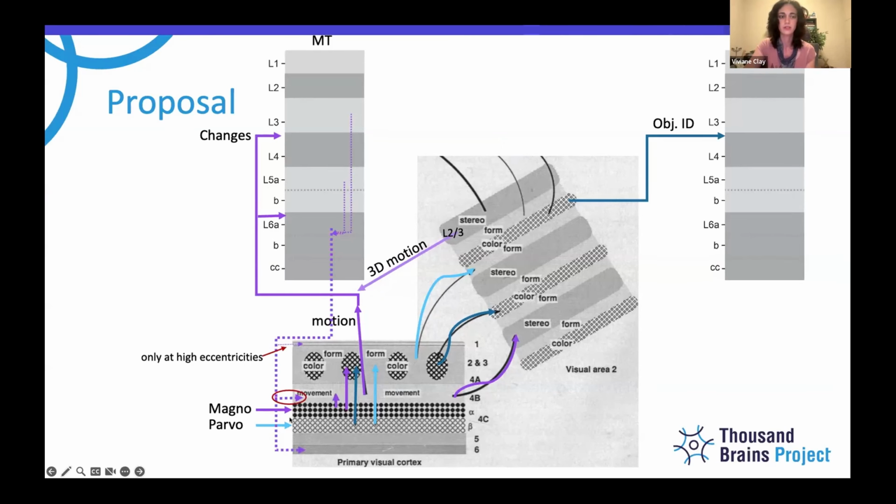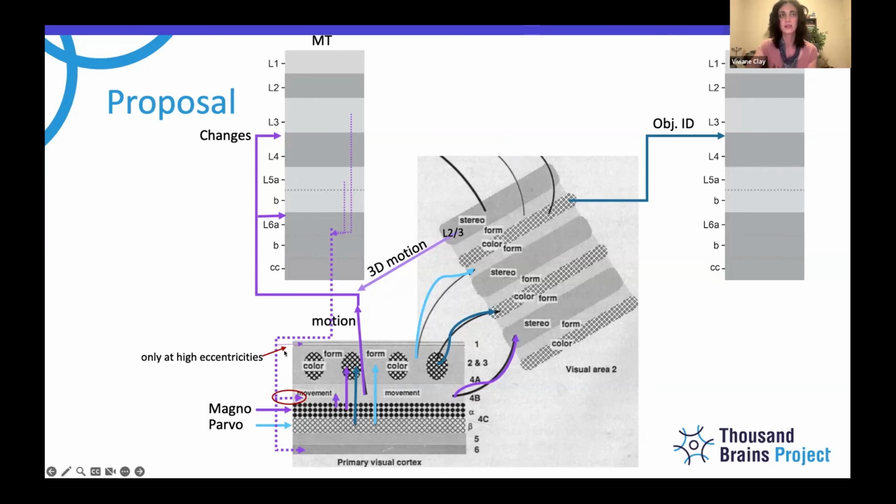And there's also feedback connectivity between MT and V1. The interesting thing is that this connectivity is a bit atypical, in that those feedback connections mostly come from layer 6 and mostly terminate in layer 6, but also in layer 4B, which is not usual for feedback connections.